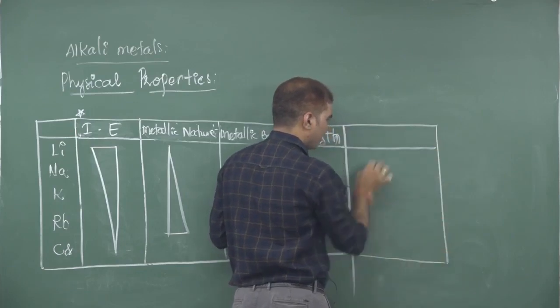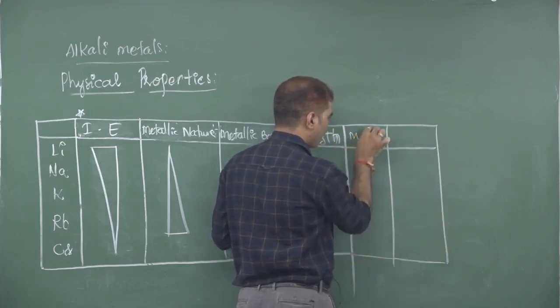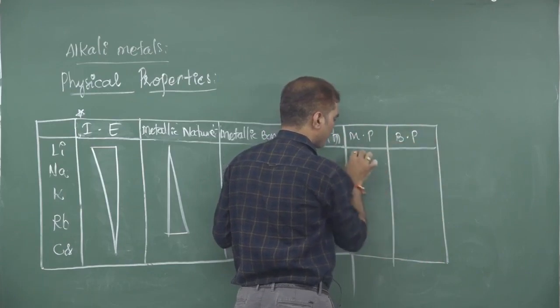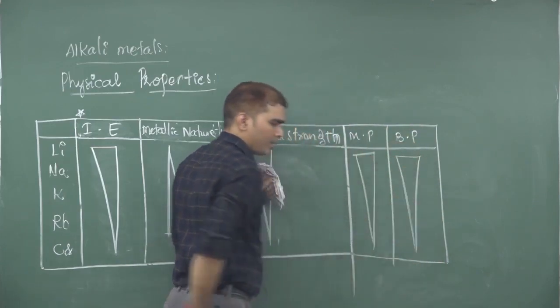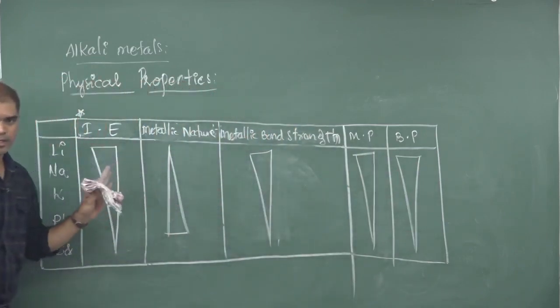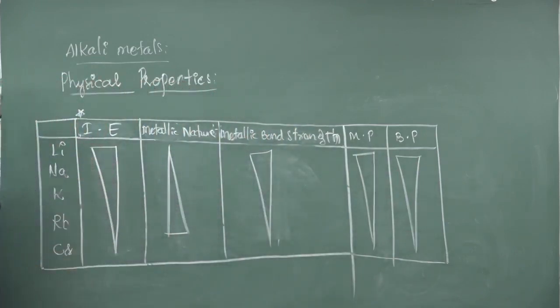Suppose metallic bond strength is decreasing, how does it affect the melting point and boiling point? Metallic bond strength is decreasing, therefore melting point decreases, boiling point decreases. Okay? You can write down.